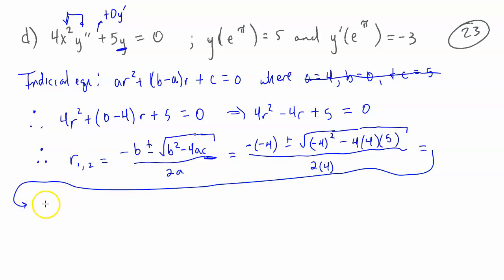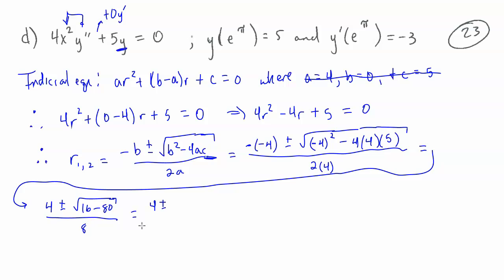So we'll come here. So this gives us 4 plus or minus the square root of 16, and this is 20 times 4, which is 80, all that over 8. And this will be 4 plus or minus, let's see, 16 minus 80.